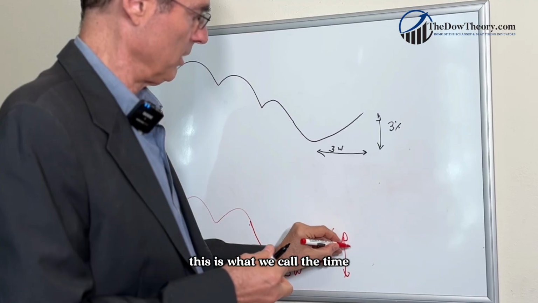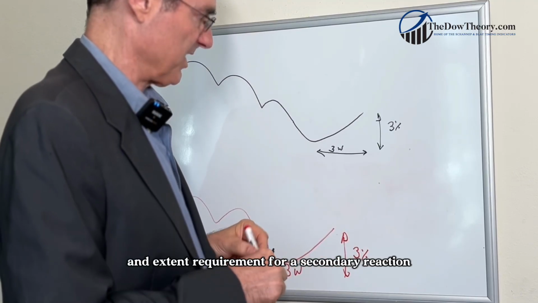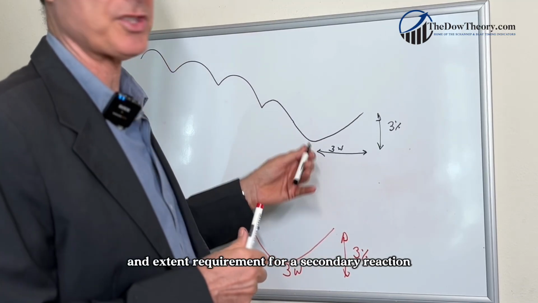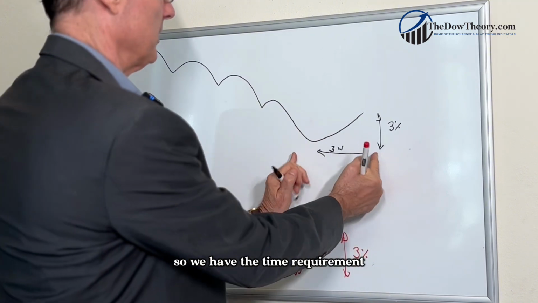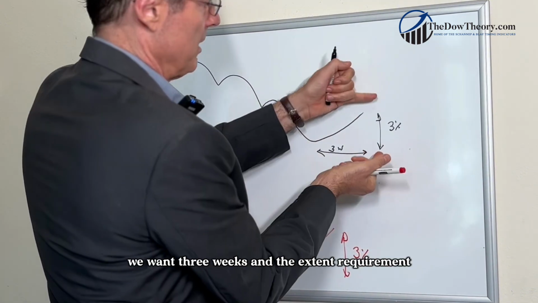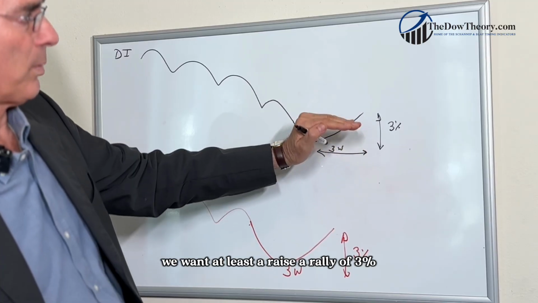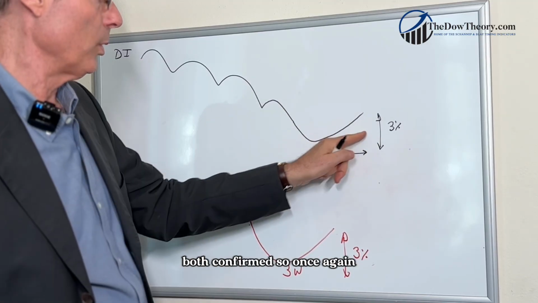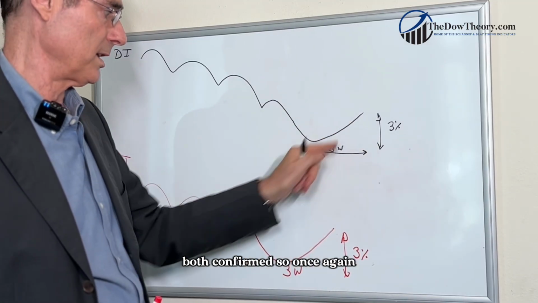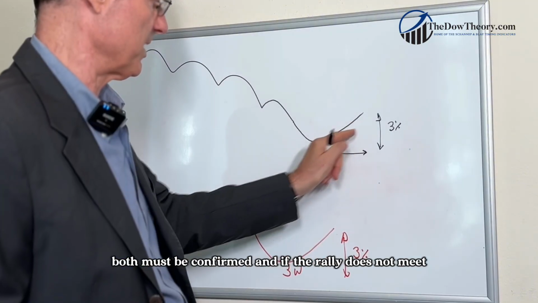This is what we call the time and extent requirement for a secondary reaction. So we have the time requirement, we want 3 weeks, and the extent requirement, we want a rally of at least 3%, both confirmed. So once again, the principle of confirmation: both must be confirmed.